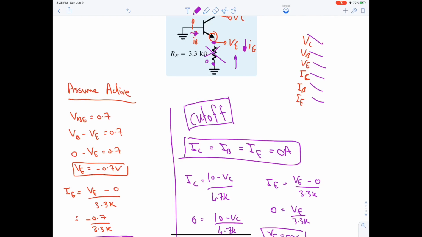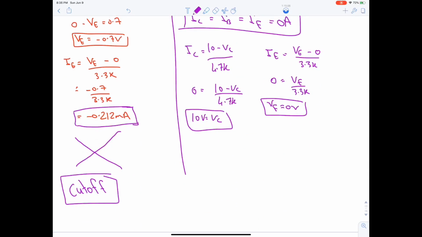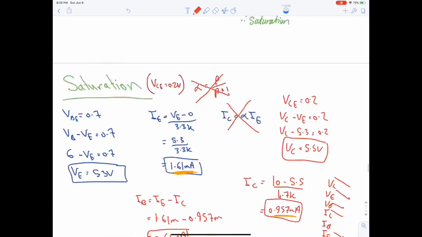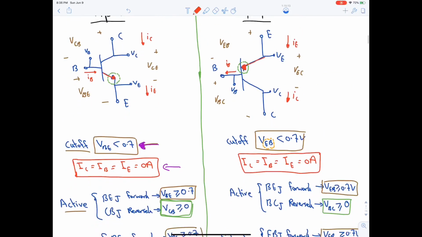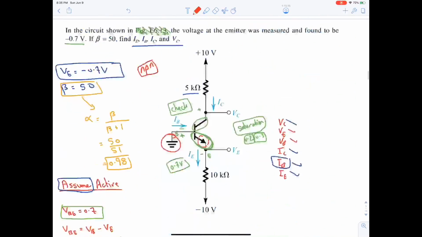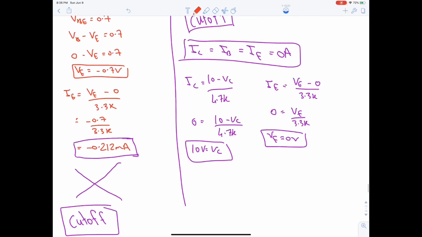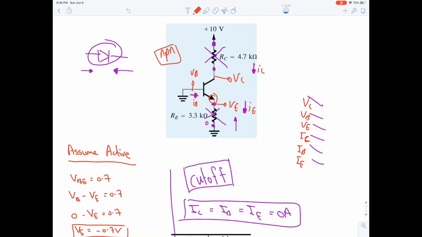Let's say that you are not believing that this is in the cutoff mode. Let's do the check for cutoff and see if it's less than 0.7 or no. The check for cutoff is VBE less than 0.7, which is the arrow actually. The arrow, which is VBE, has to be less than 0.7.